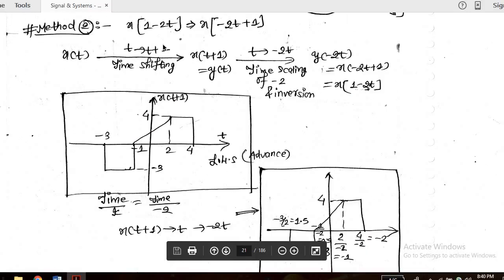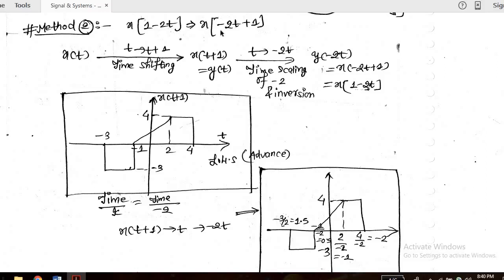Now see, method 2: x of 1 minus 2t you can write as x of minus 2t plus 1. So again we follow right to left: t to t plus 1, that is time shifting. Rename it as another signal, say y of t, that is shift left by 1 unit. Next you replace t by minus 2t; time scaling of minus 2 means time scaling by 2 plus time inversion.